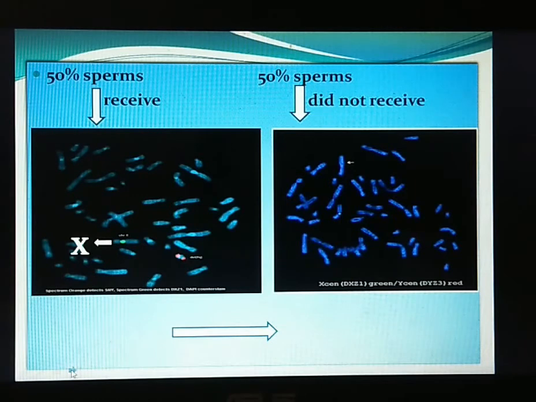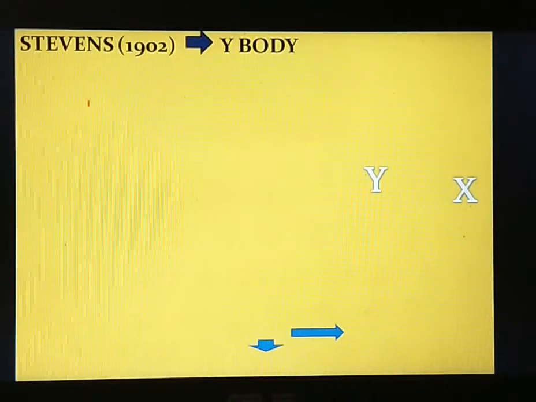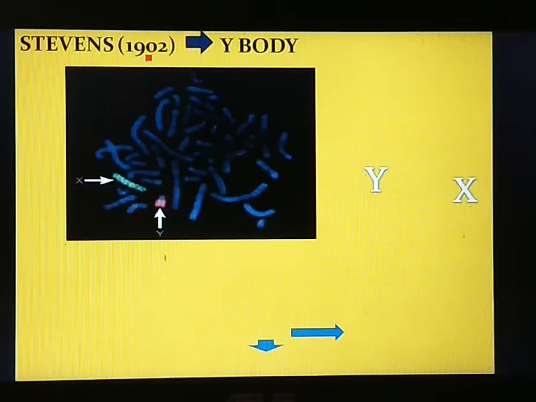So he named these X-shaped structures the X body. But later on it was identified as the X chromosome, which is nothing but the sex chromosome. In 1902, Stevens identified Y bodies in the nucleus of some species. So Y bodies were the small structures that were seen inside the nucleus.